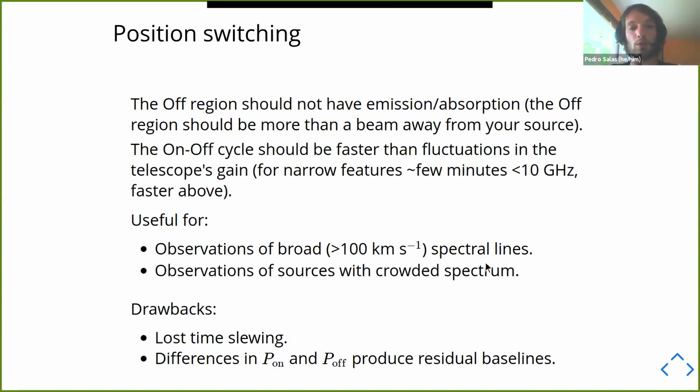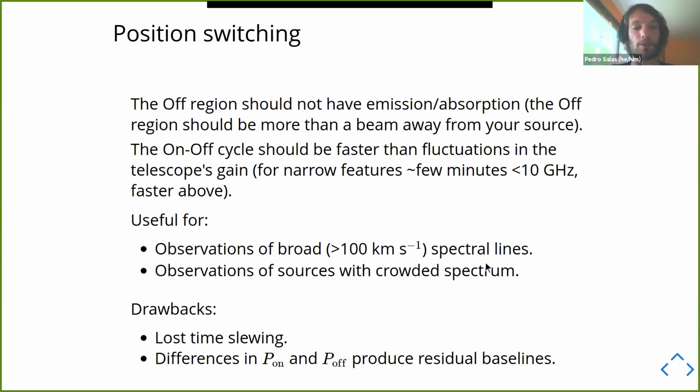And this method is good for observations of broad spectral lines, especially if you have an off region where you don't have any spectral line emission, or sources where you have a lot of spectral lines, and maybe using frequency switching is not going to work just because the spectrum looks like a forest of emission and absorption lines.